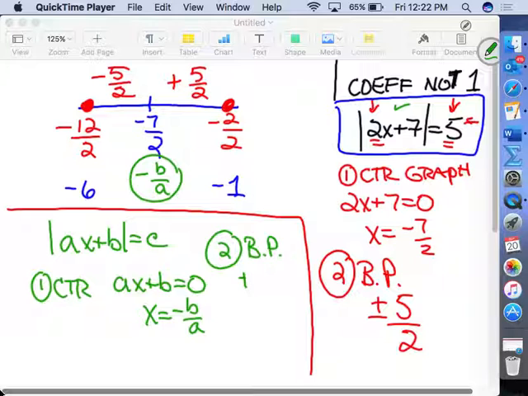I'm going to add and subtract c over a to my center. So it's my center plus or minus c over a is how I'm going to find my boundary points. Notice that c over a.